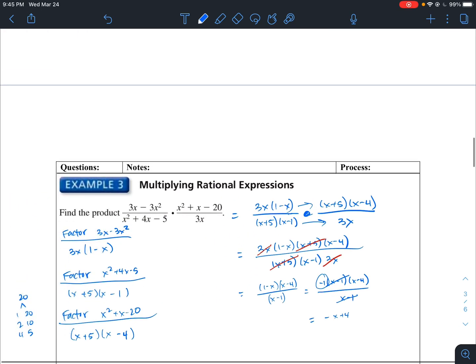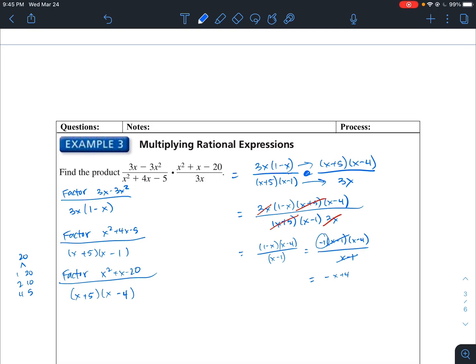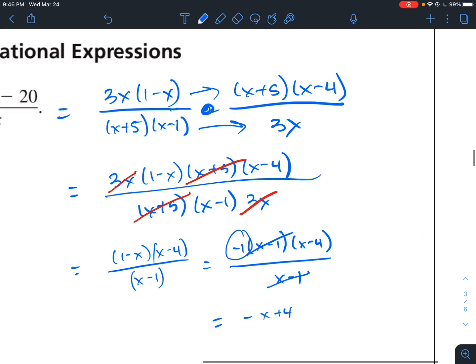But if we go back to our original statement, think about the domain restrictions from the original statement. Okay, so x cannot be any opposite. So if this is negative 5, then the denominator is 0. If this is positive 1, then the denominator is 0.